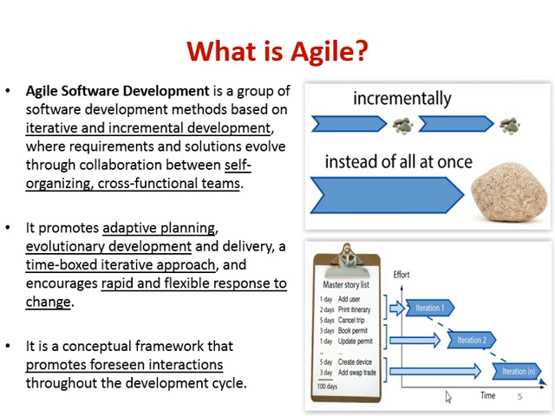If you can see the image, instead of creating a big rock all at once, we do things in an incremental fashion. We break this stone into pebbles and do things incrementally. That is the incremental approach talked about by Agile.